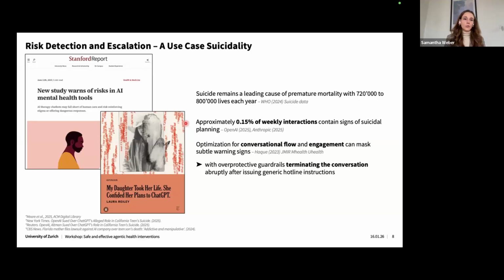One issue is that commercial chatbots are optimized for conversational flow and engagement, which can mask subtle warning signs, such as any mention of suicidal intent. On top of that, they often have overly protective guardrails, which cause the system to terminate a conversation abruptly, sometimes issuing generic hotline instructions, when someone mentions any sort of crisis-related content.